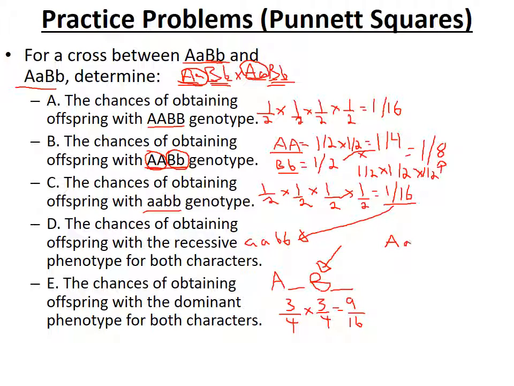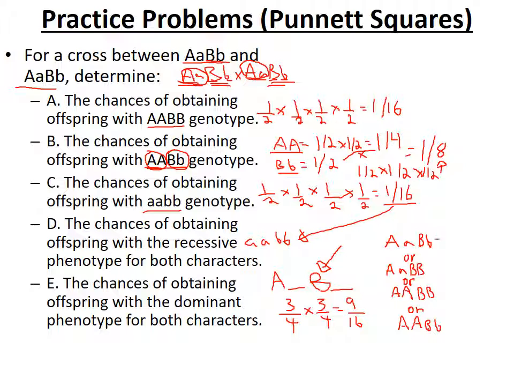You can have big A, big B, little b, or big A, big B, big B, or big A, big B, big B, or big A, big B, little b.